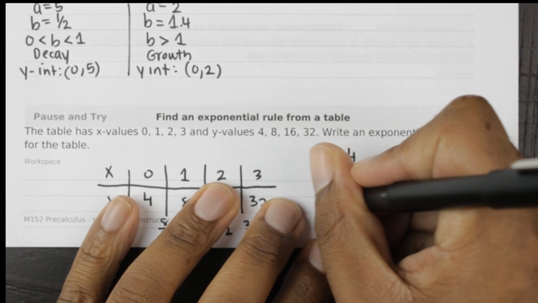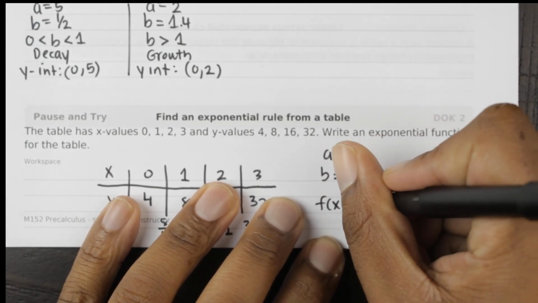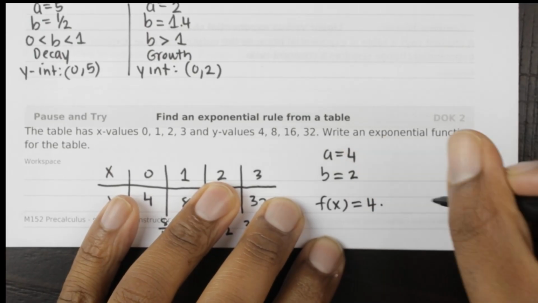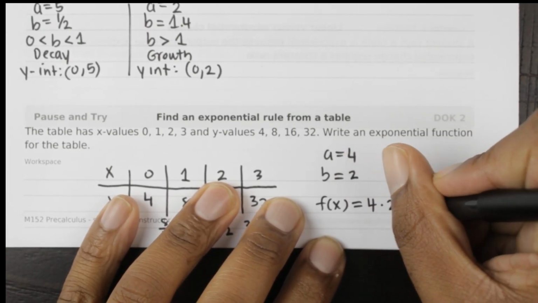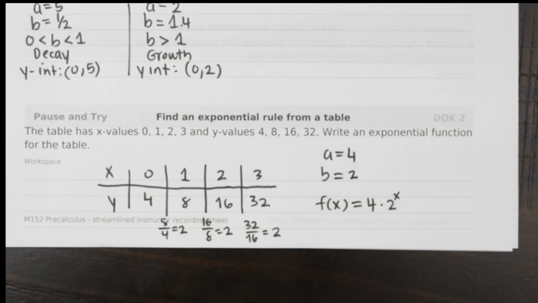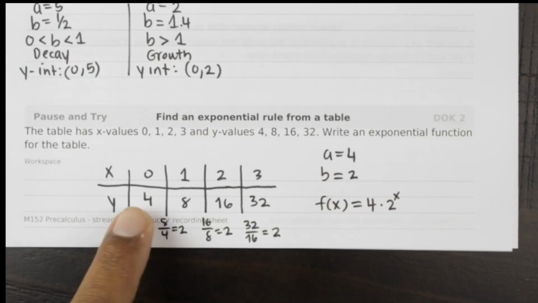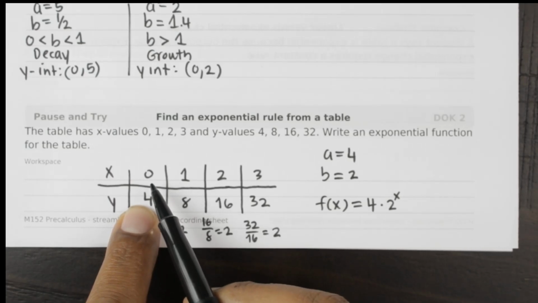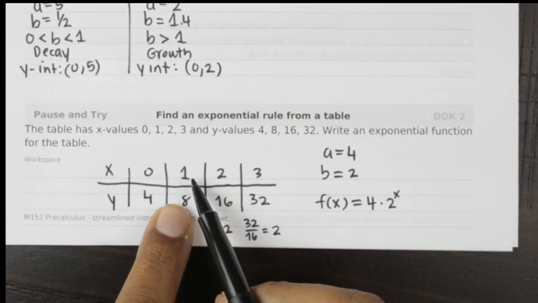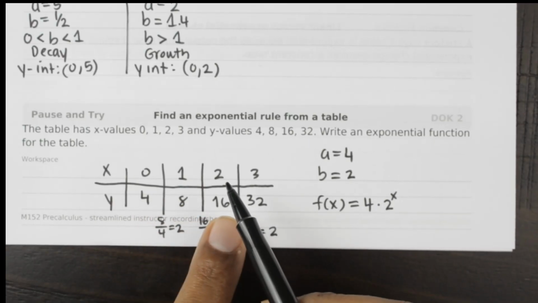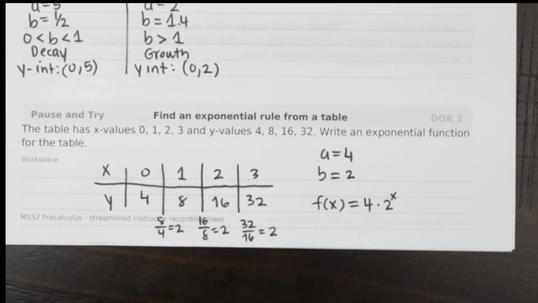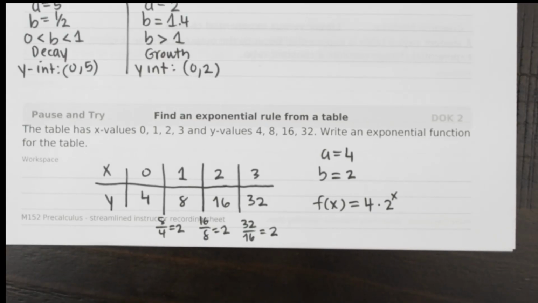The function, in this case, is 4 times 2 to the x power. This function starts here at 4 when x is 0, and then doubles each time x increases by 1.